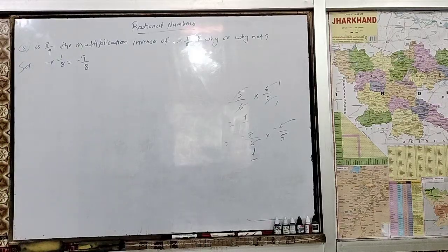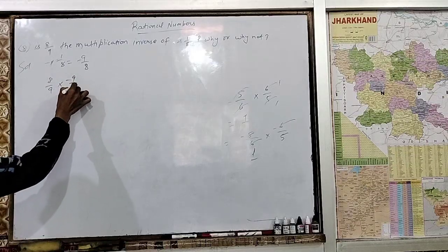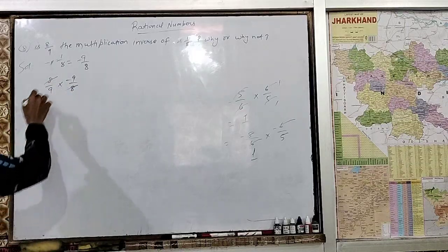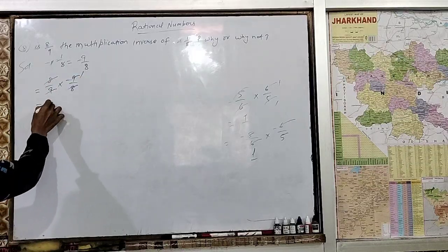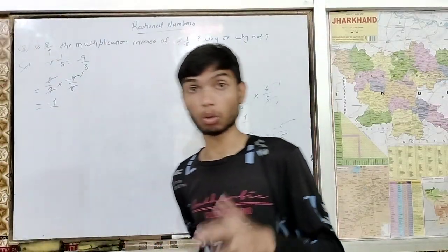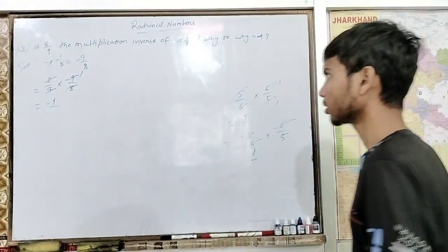Okay. Now, as we know, 8 upon 9 multiply minus 9 upon 8. Now, what is happening over here? This is cutting this. But we are getting minus 1, not 1. Minus 1 and 1 are both very different.